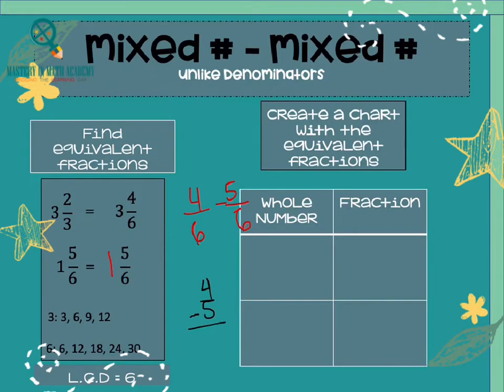Let's look at it. You want to make sure that you're starting from the left. You have 3 and 4/6, because now we're working with our equivalent fractions. And then you have 1 and 5/6. Notice that you still can't subtract. But what are we going to do?